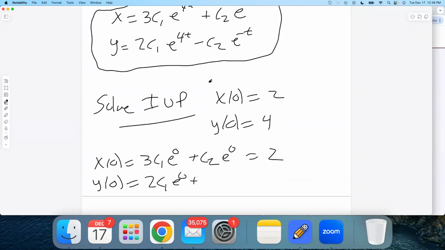For y of 0, e to the 0, I'm plugging in 0 for all of my t's. That's supposed to equal 4.